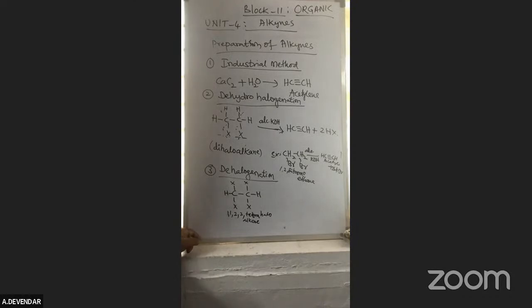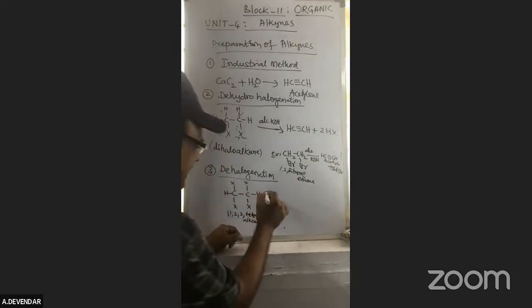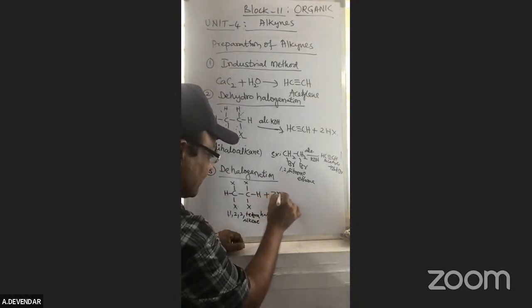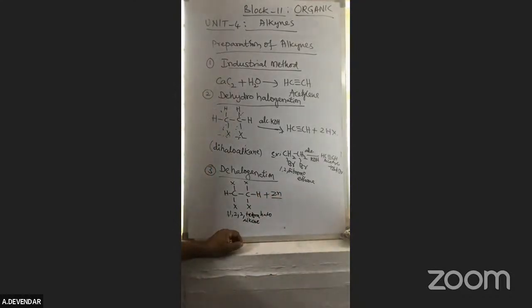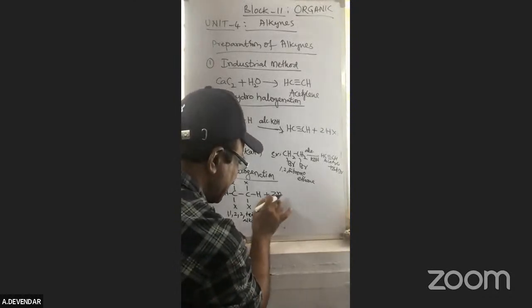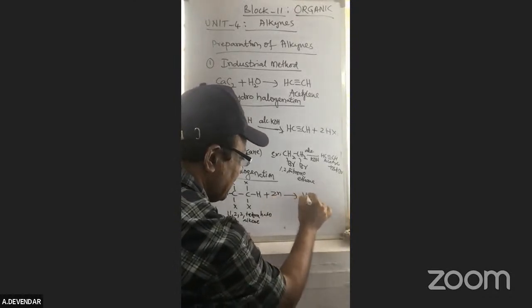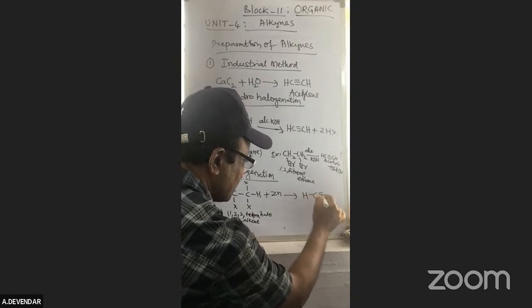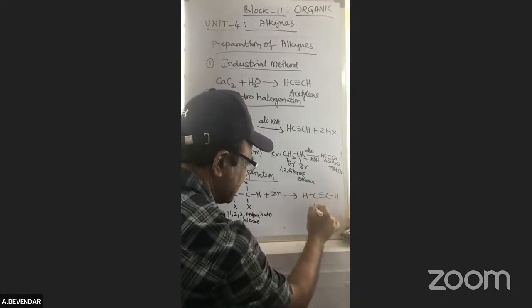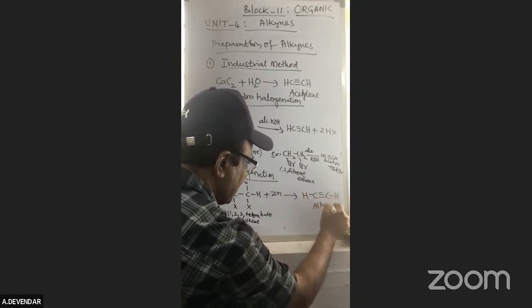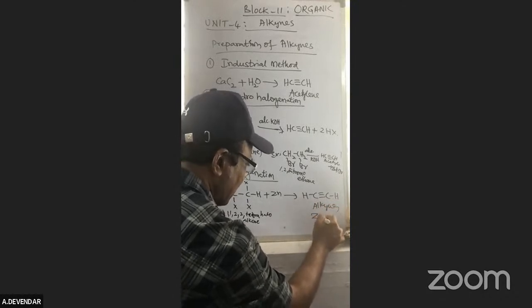Please practice writing it, then only it will be easy. These tetrahaloalkanes are treated with zinc dust. It is a reduction process. When treated with zinc dust, we get a triple bond, alkynes are prepared, and zinc halide.